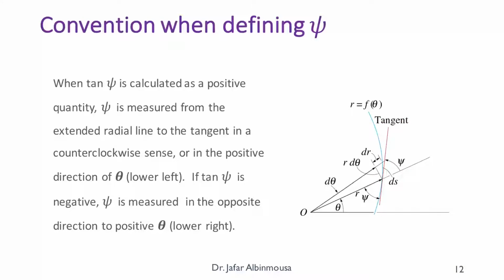That's how we get the positive sense of psi. Of course, if tan psi is negative, then psi is measured in the opposite direction to the positive direction of theta. So basically, theta is measured positive in the counterclockwise direction, so psi is measured in the same sense as positive. If this is negative, then it is going to be in the clockwise direction.